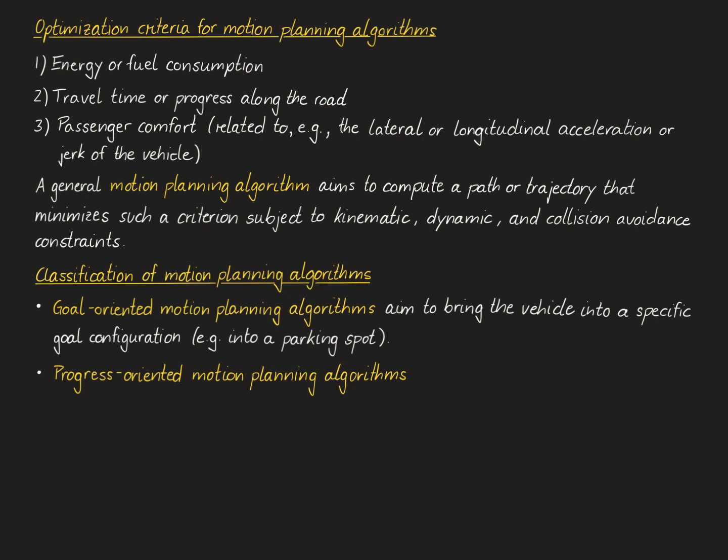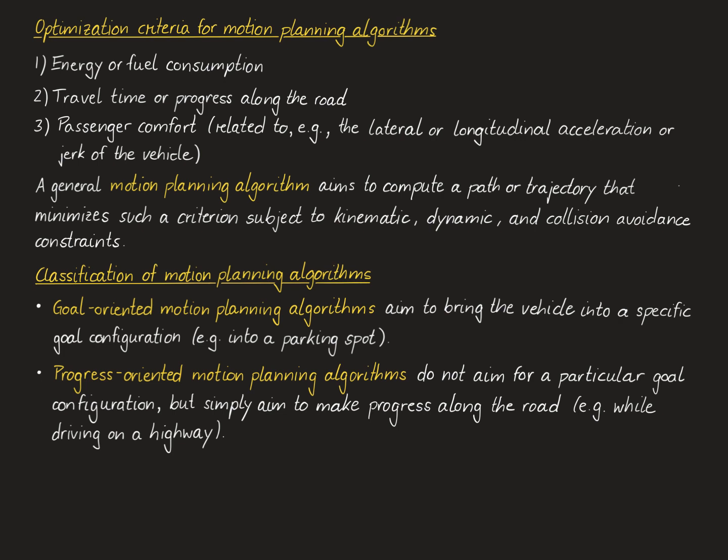Progress-oriented motion planning algorithms, on the other hand, do not aim to bring the vehicle into a specific goal configuration, but rather they simply aim at making progress along the road. Imagine, for instance, driving along a highway where you do not want to be in a particular position after, let's say, 5 seconds, but rather you just want to move along the road as good as possible.